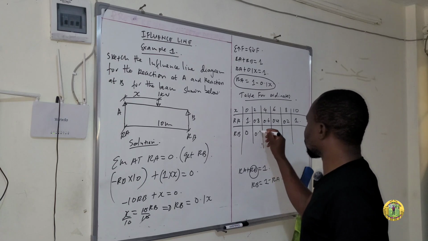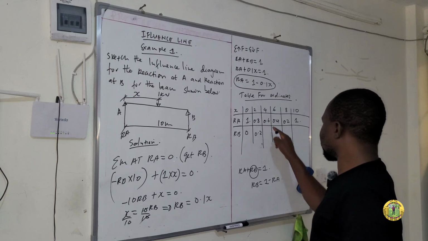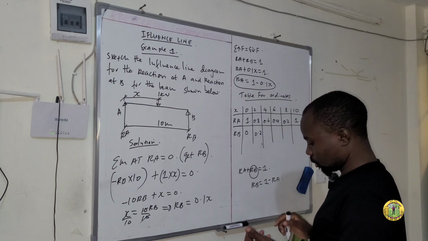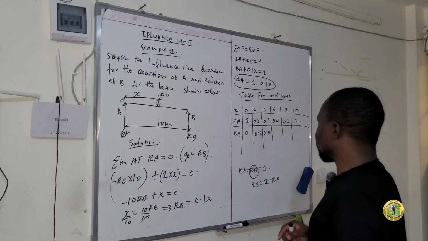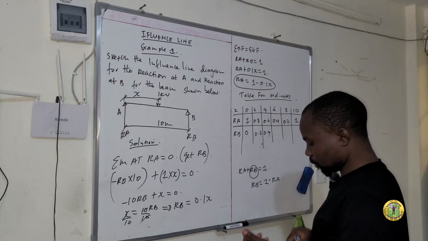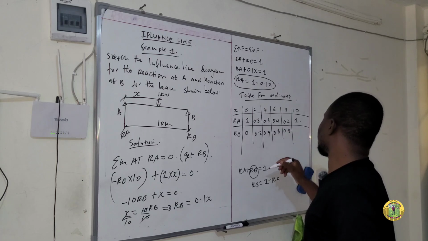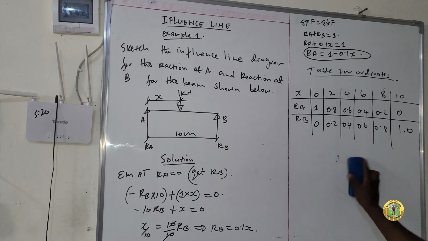It gives you 0.2. Come to here, take 1 minus 0.6, 0.4. Come here, 1 minus 0.4, 0.6. This is 0.8. And this is 1. Like that. So let's now draw the influence line for this beam.